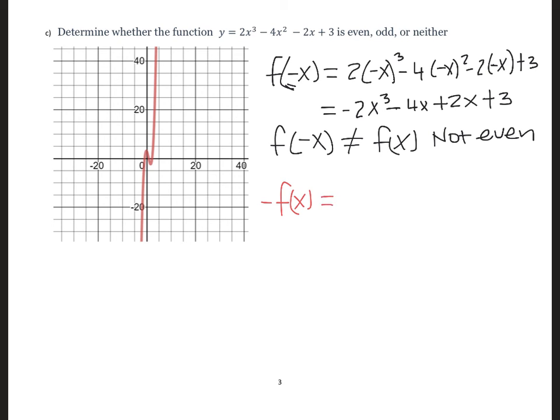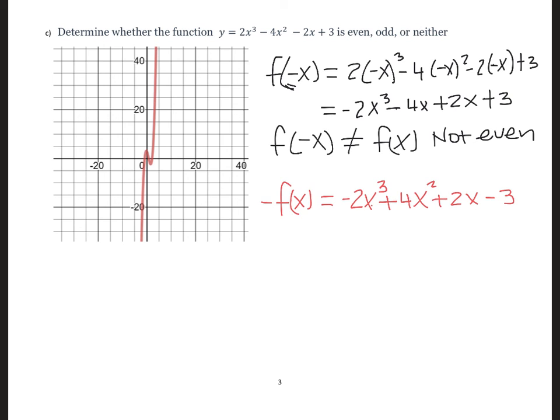So it's going to be negative 2x cubed plus 4x squared plus 2x minus 3. I just multiplied f of x by negative all through, so that's what I get.